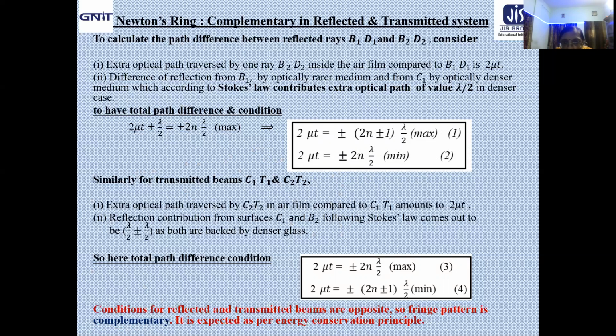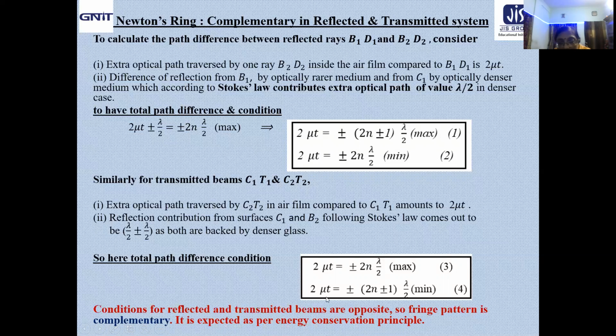That means at a particular position in a particular order, if maximum energy is taken out by the reflected beam, naturally at that point the minimum energy is left for the transmitted beam. Similarly, if minimum energy is taken out by the reflected beam in a particular order at some point, maximum energy is left for the transmitted beam. So the conditions for reflected and transmitted beams are opposite, and the fringe patterns are truly complementary, as expected from the energy conservation principle.